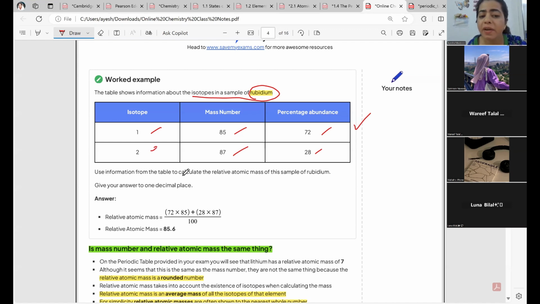They're asking to find the relative atomic mass, which means the average that we write in the periodic table.